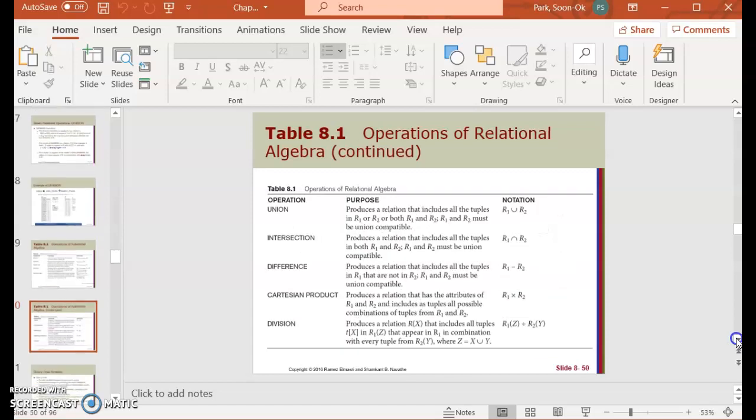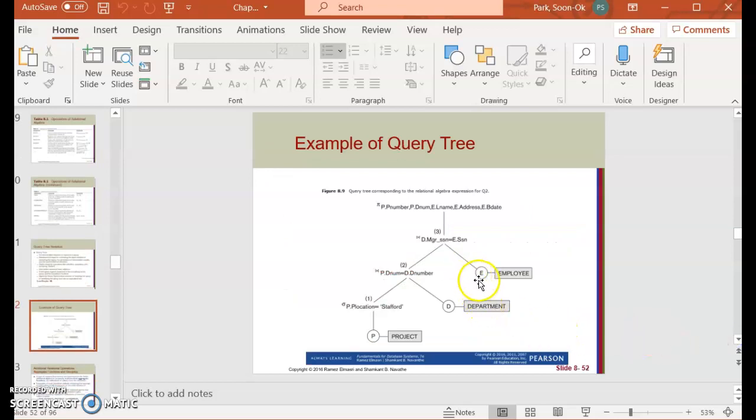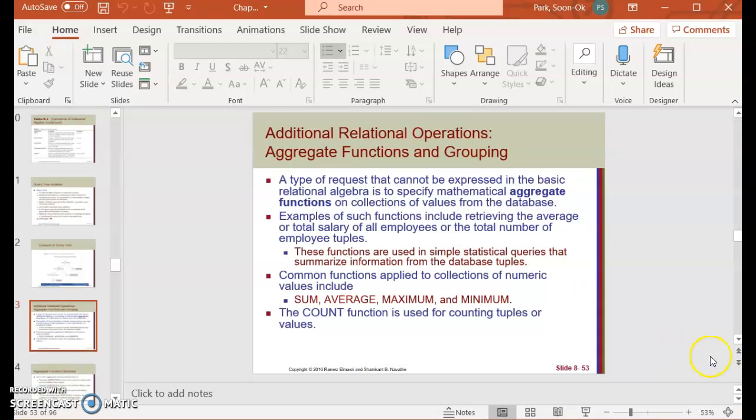Here is a summary of relational algebra. In order to optimize query processing time, different types of trees are used. Maybe each company uses a different data structure to minimize query processing time.